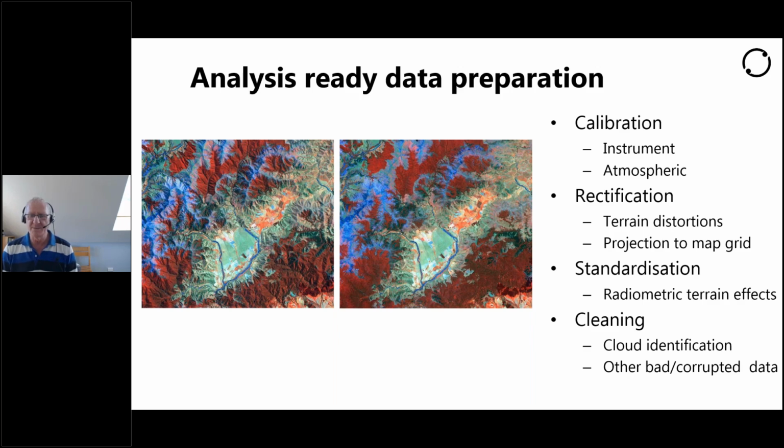So if you have an application where you're trying to classify the actual vegetation, it would be much easier to do it where you've taken out those terrain effects. So all these things are pre-processing steps. Obviously, identifying any bad or corrupt data is important also.